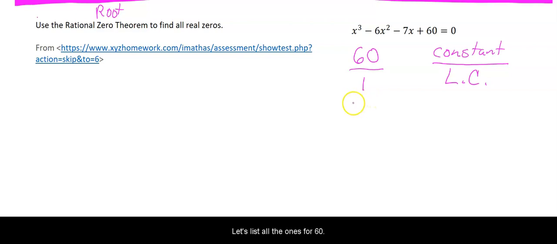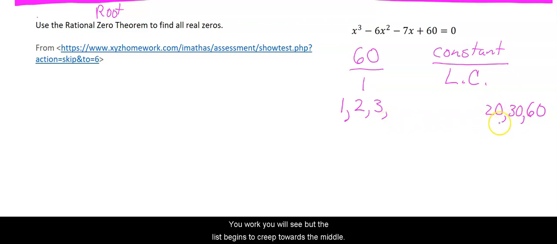Let's list all the ones for 60. One of the easiest ways is to make a list separated by commas and build your way to the middle. 1 times 60 is 60. The next number in line would be 2. 2 does divide 60. It's 2 times 30. What about 3? Yes. 3 times 20.